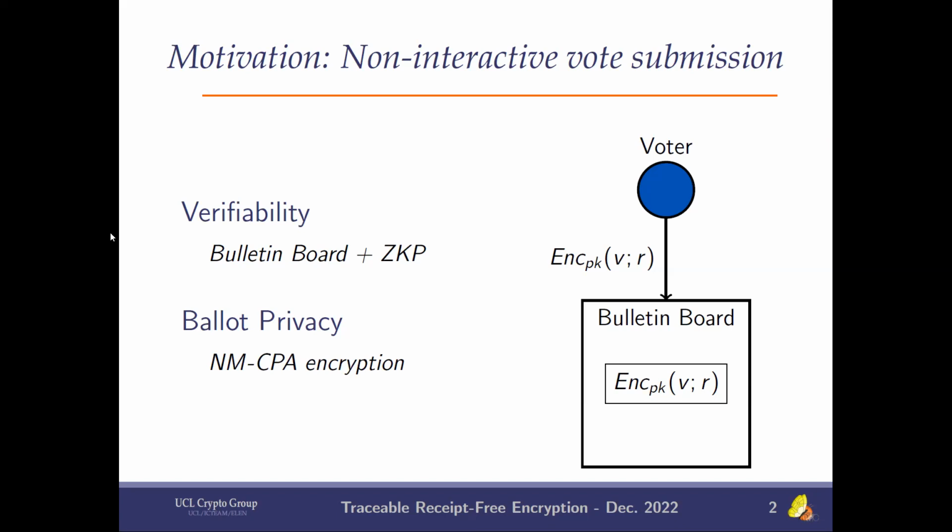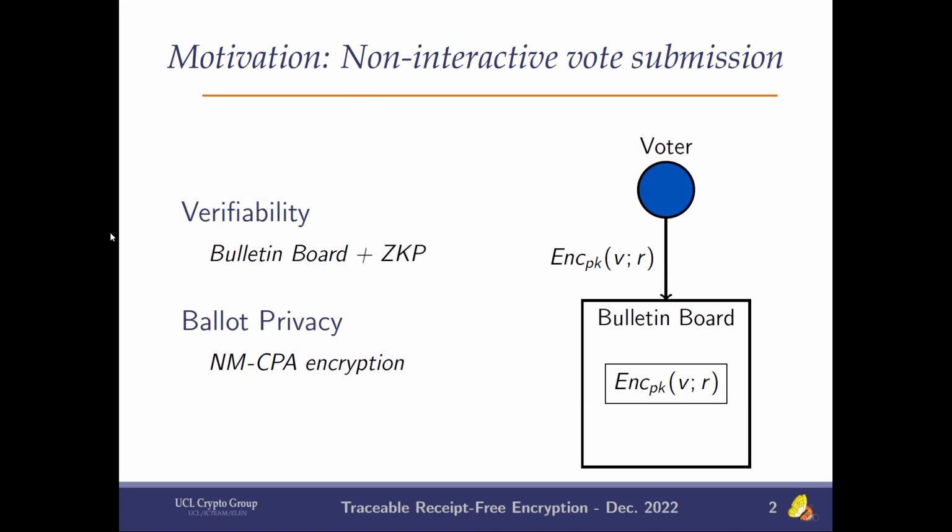In short, verifiability means that a voter has some guarantee that their vote is correctly recorded on the bulletin board, and that the result of the election of all the ciphertexts put on the bulletin board is correctly computed. Ballot privacy means that there is no leak about the vote of a voter, except what you can learn from the result of the election.